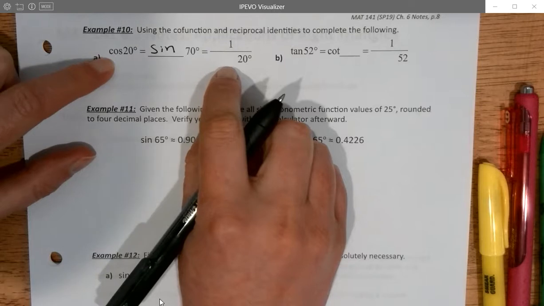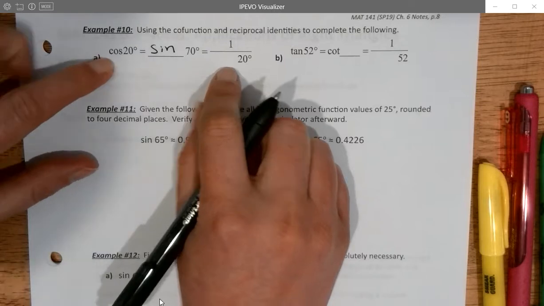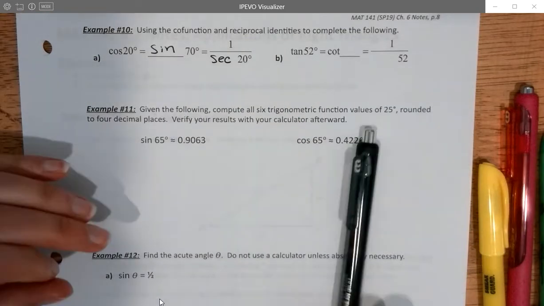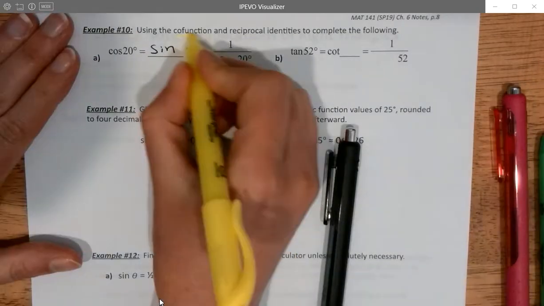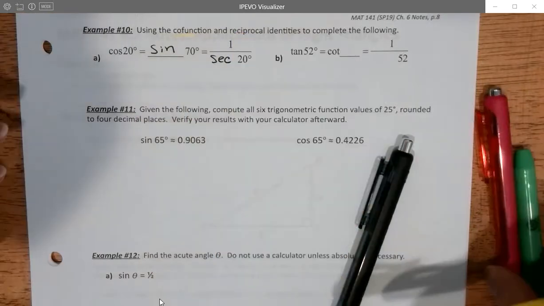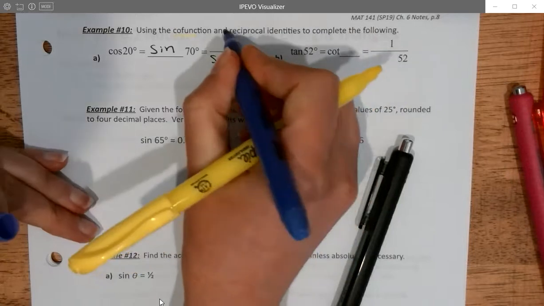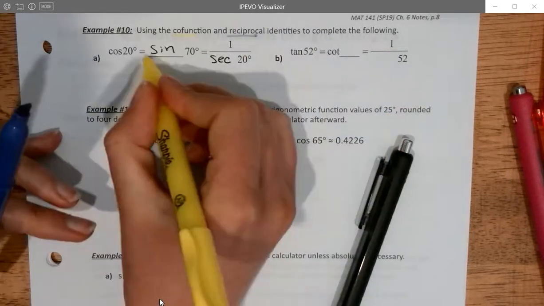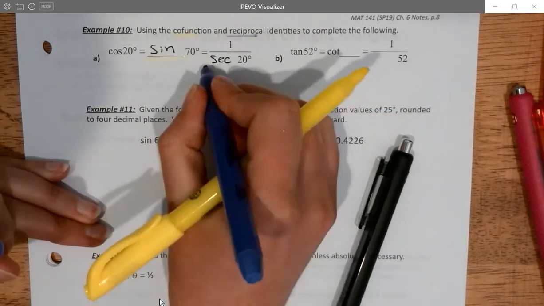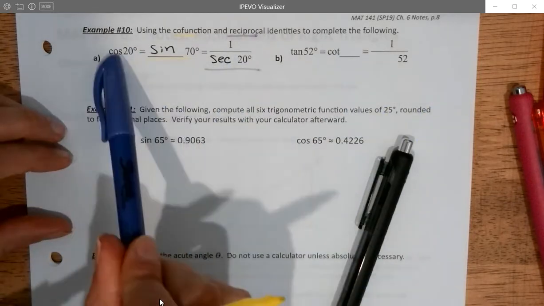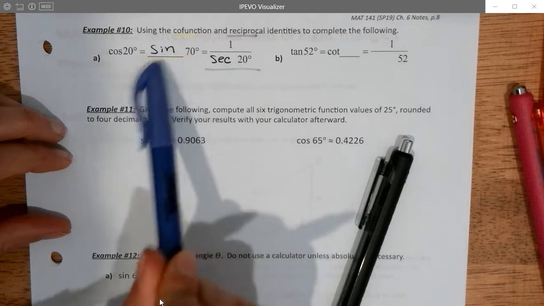Cosine's reciprocal function is secant, so it's 1 over the secant of 20. So I'm using both cofunction and reciprocal identities here. We use the cofunction identity for the sine of 70, and we use the reciprocal for the 1 over secant of 20. Same angle here, so it just needs to be the reciprocal function. Different angles, so it needs to be the cofunction.